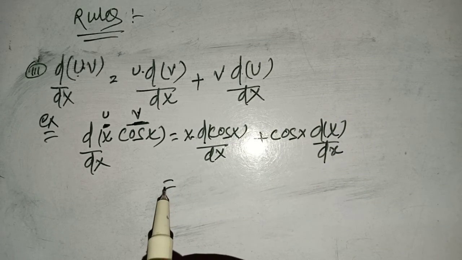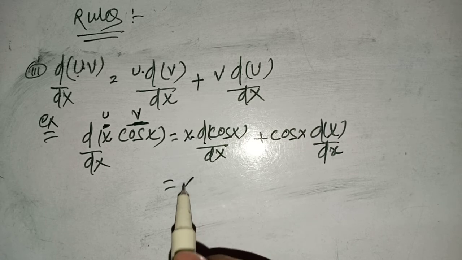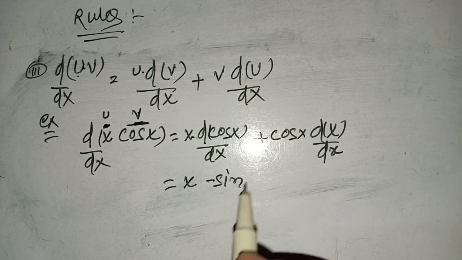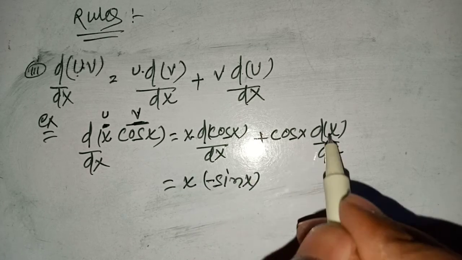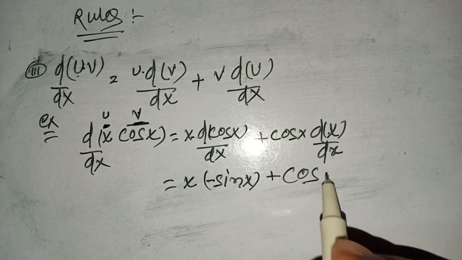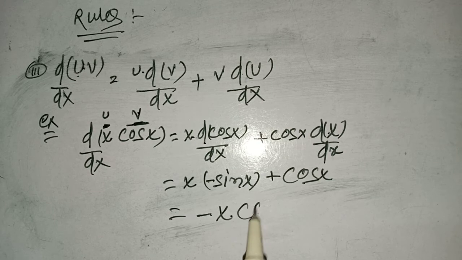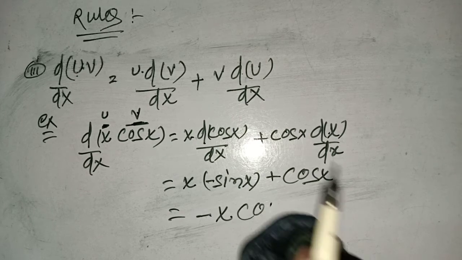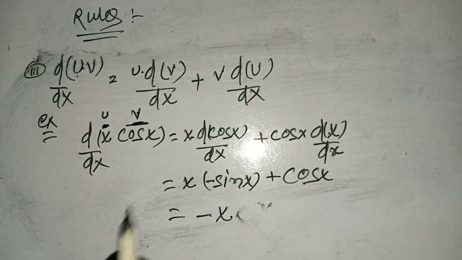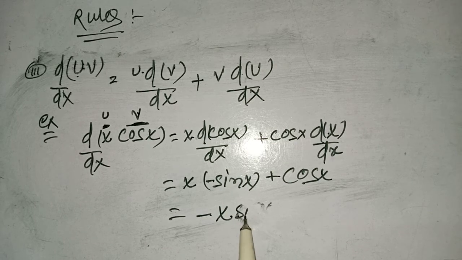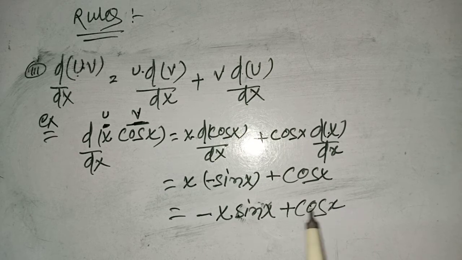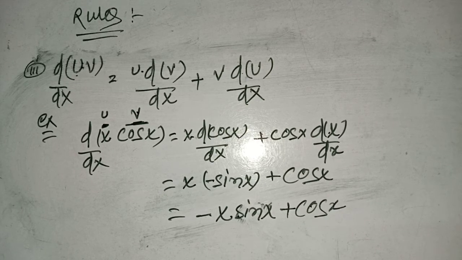Differentiation of cos x is minus sin x, so minus sin x, and differentiation of x is 1, so the answer is minus x sin x plus cos x. Okay, understand?